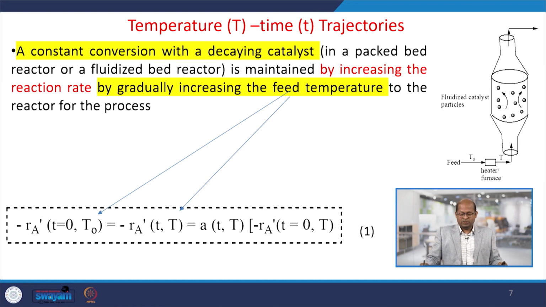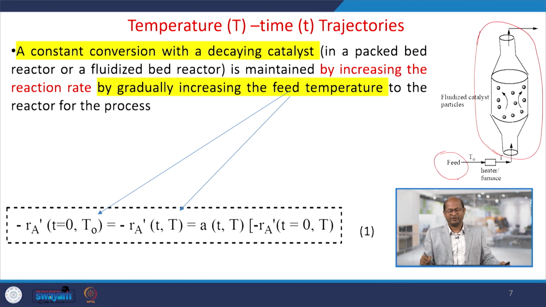Here I said we need constant conversions when the catalyst is deactivating. See here, this is our reactor system, a fluidized bed reactor, let us say. This is the feed stream that we feed at a particular temperature, and this is the preheater. We increase the feed temperature with the help of the preheater, which we connect before the feed stream enters the reactor.